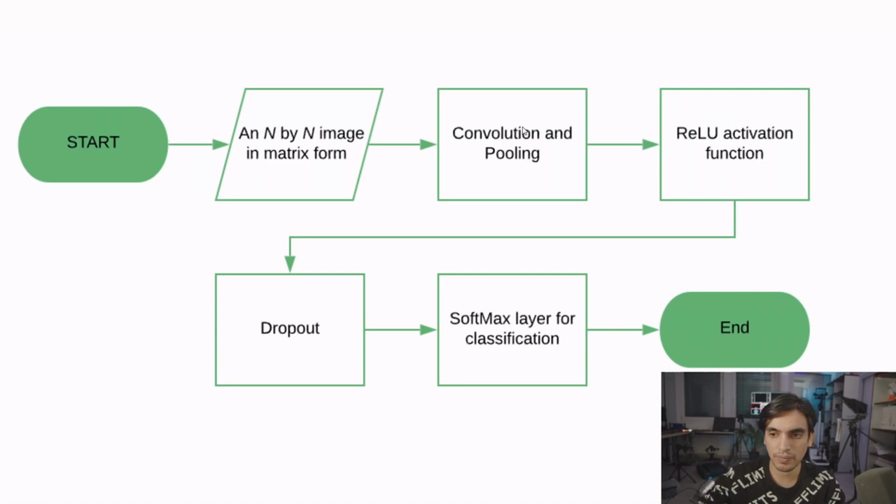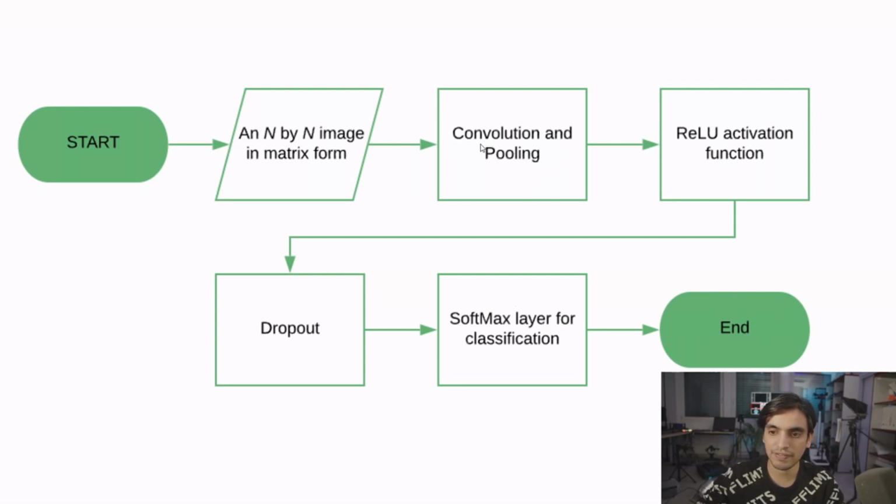I will put the link in the description, so go there and watch about the convolution method. Today I'm going to just talk about the pooling method in detail. After the pooling method we also need to apply the activation function, dropout function and softmax function to get the classified outputs in the end.